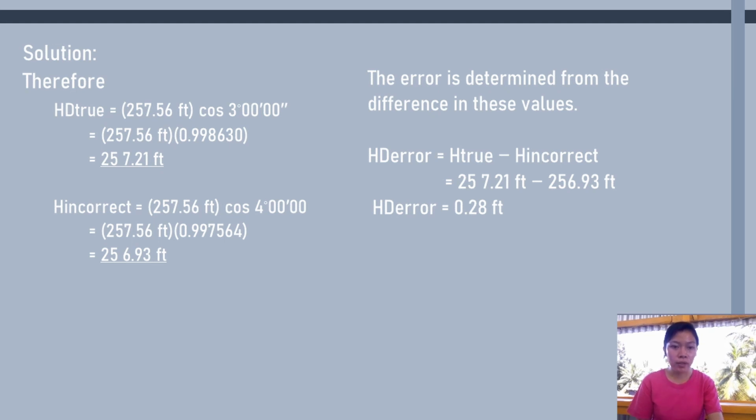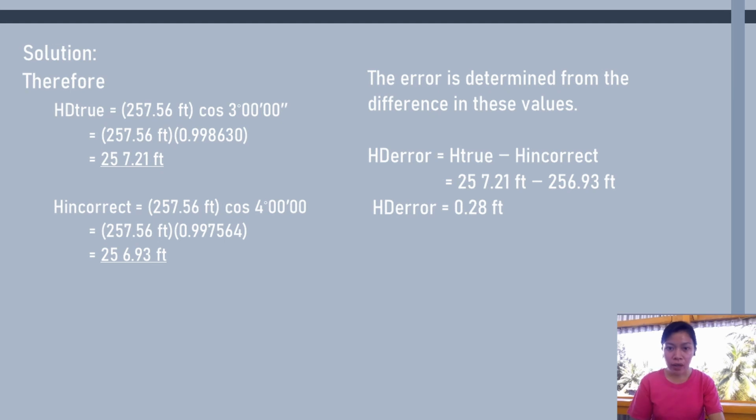The result is 257.21 feet. The incorrect horizontal distance is 257.56 feet times the cosine of 4 degrees. The answer is 256.93 feet.